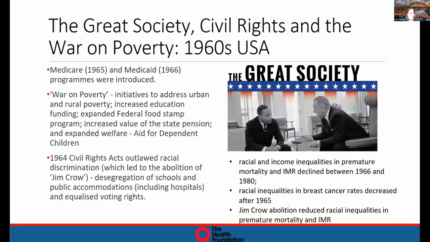This was particularly the case, you can see, in the southern states, where removing the segregation, the Jim Crow laws, led to big reductions in racial inequalities, for example. And they've also done work that shows this in relation to other health outcomes, such as breast cancer rates and mortality.